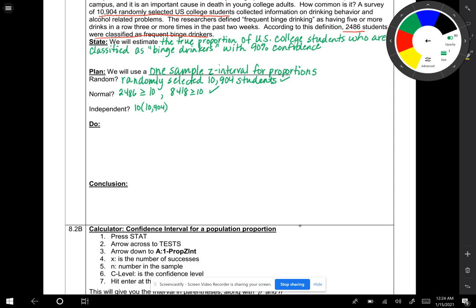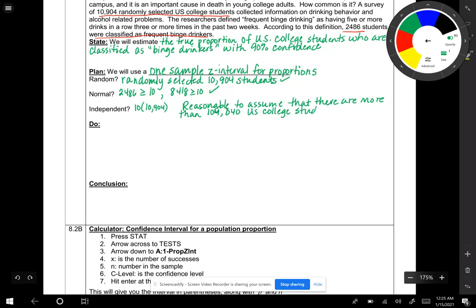So it's reasonable to assume that there are more than 109,040 U.S. college students. All right, we met our three conditions, and now we can do some calculations.